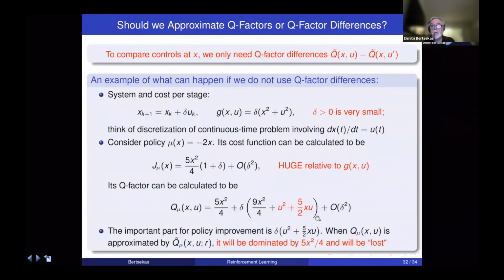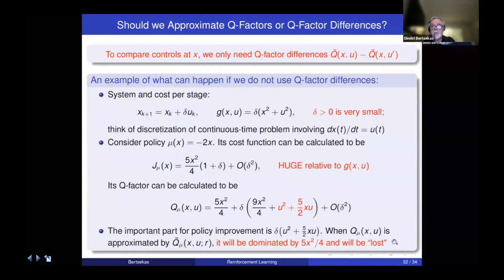It's going to wash out, neglect, essentially nip in the bud, this part here, because it's just noise relative to this. So when we make an approximation of this Q factor, then the approximation is going to be dominated by this part here, and the important part, which is the red part, is going to be lost. So the method is going to fail utterly.